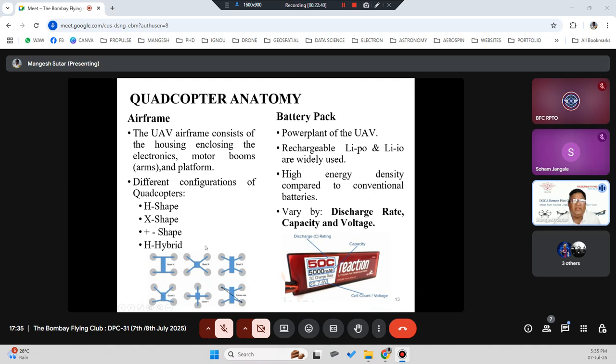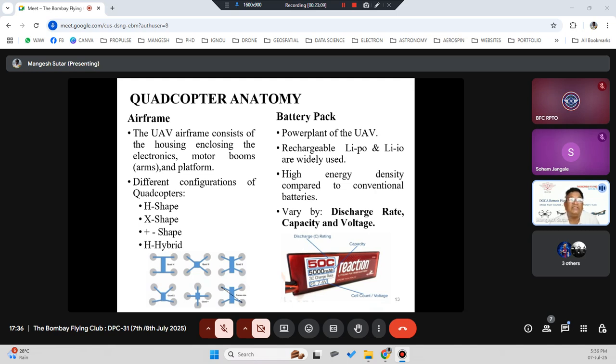Okay, now the airframe. The airframe consists of housing enclosing the electronics, motor booms and a platform for putting up your flight controllers and battery and all those things. It comes in different configurations for a quadcopter. It can be H shape, X shape, plus shape, or it can also be hybrid. Hybrid means it looks like H as well as X, something like that.